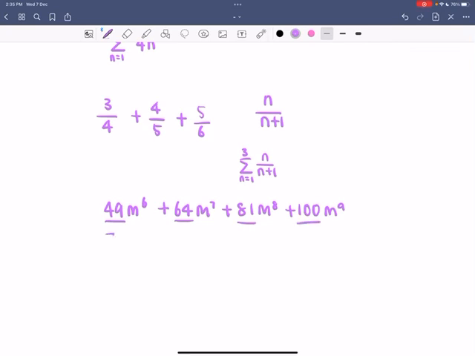And so this is 7 squared, this is 8 squared, this is 9 squared, and 100 is 10 squared. So each time we're increasing by 1. And then we have the m, and the m is you're just timesing by an extra m every single time. So it'll just be like that. Great. So that's the general term.